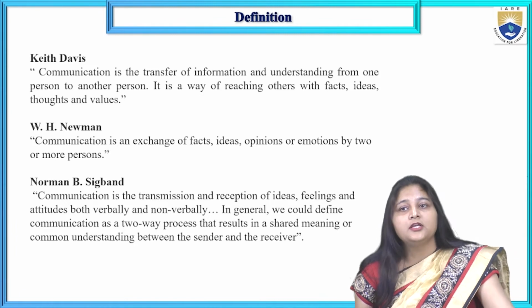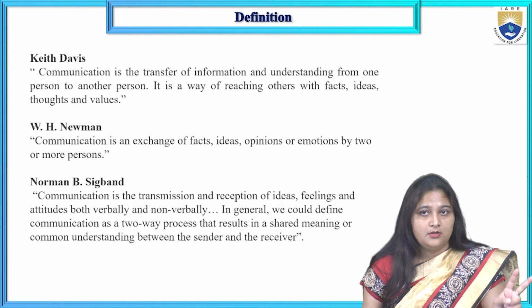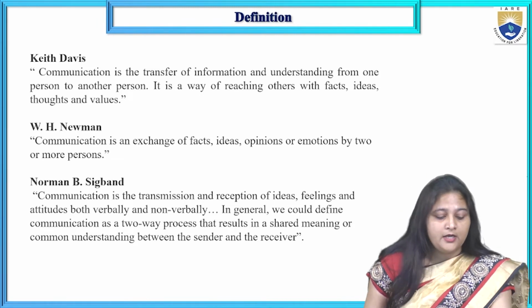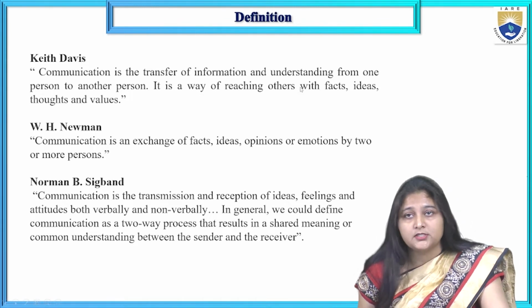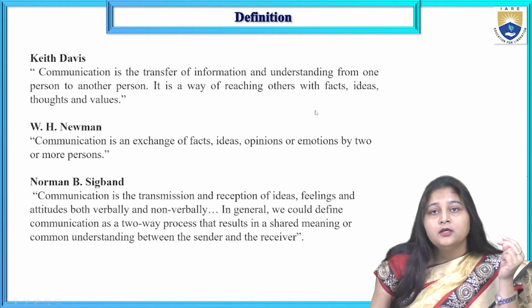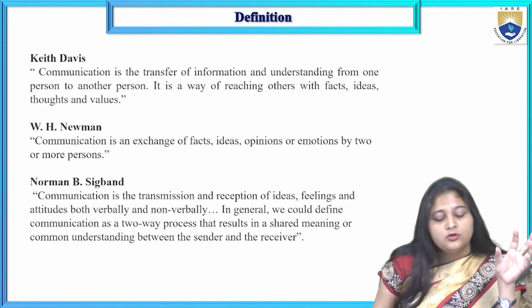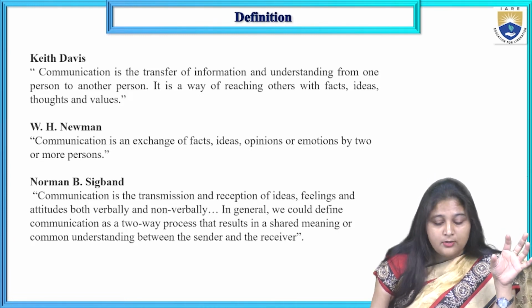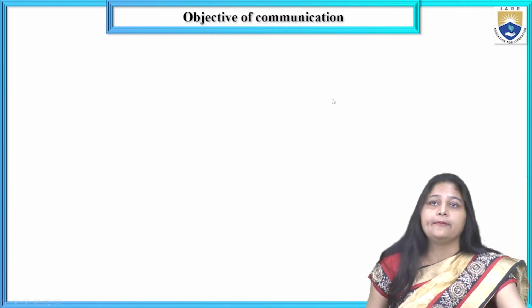In general, we could define communication as a two-way process that results in a shared meaning or understanding between the sender and the receiver. So according to Norman Sigband, communication is a two-way process. These are just examples.